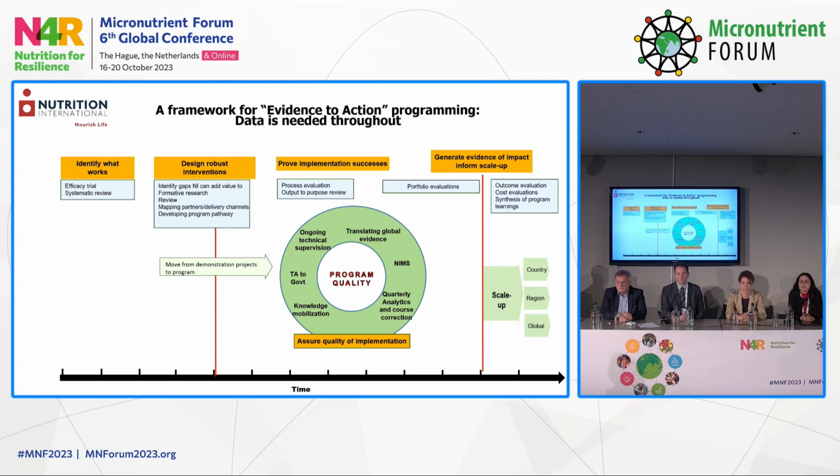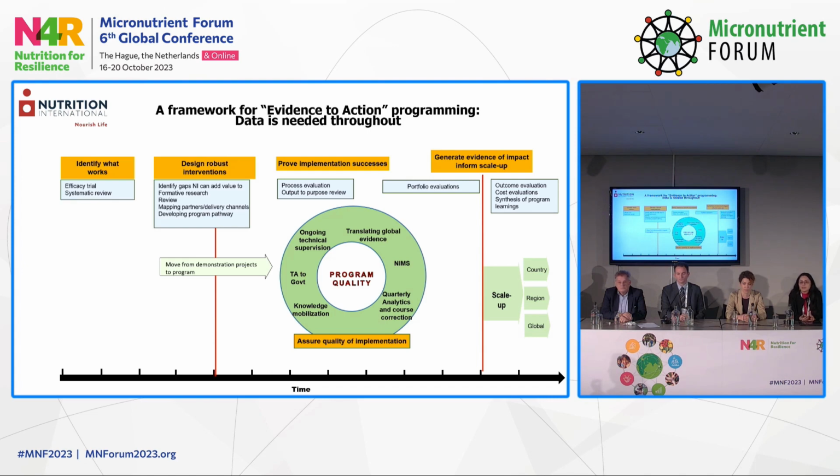So we have to have intervention designs and implementation research where we look at how you can actually implement in the field, taking those interventions to contexts where multiple factors could affect your delivery of services.